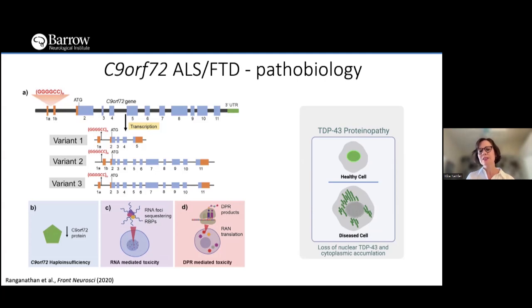And as a consequence of that sequestration, you get a loss of function of those RNA-binding proteins. And that is what we call an RNA-mediated toxicity. Unfortunately, we have not yet identified a specific RNA-binding protein that might be contributing significantly to the degeneration.